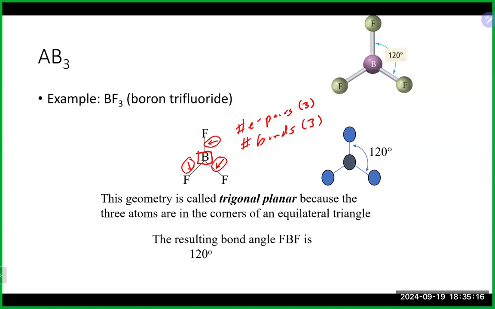Once again, something with 3 electron pairs, the electron pair geometry is going to be what is known as trigonal planar, also sometimes referred to as triangular.